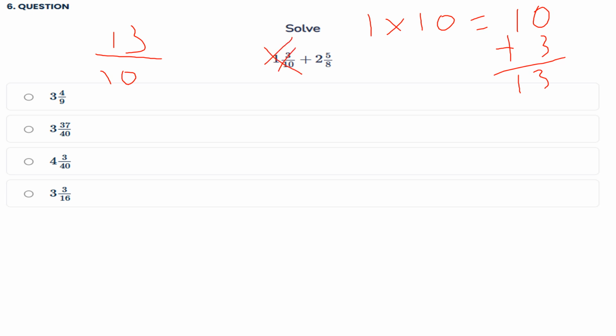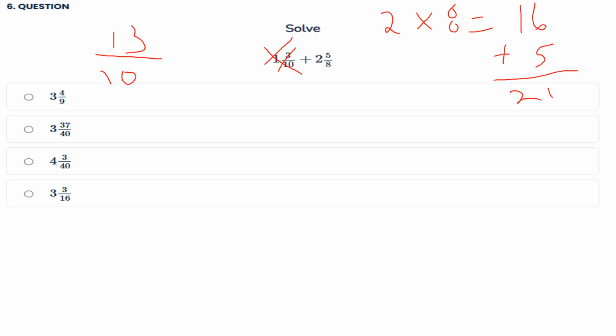Now moving on to 2 and 5/8. All right, so we do the same thing. We're going to multiply that 2 times 8, which equals 16. And then we're going to add the numerator. That gives us 21.